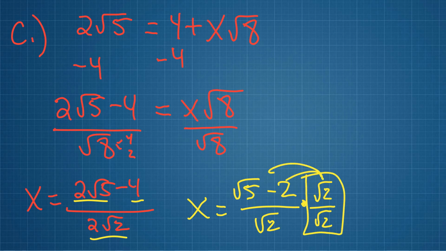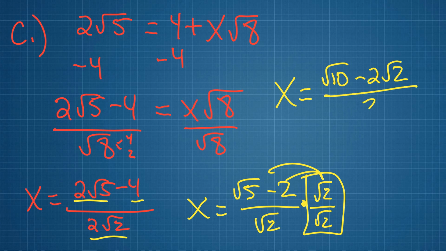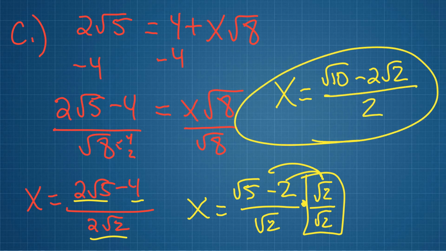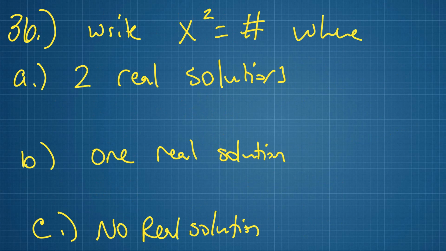So I'm going to distribute that radical 2 to both. So my final answer is radical 10 minus 2 radical 2 all over 2. And that's it for C.